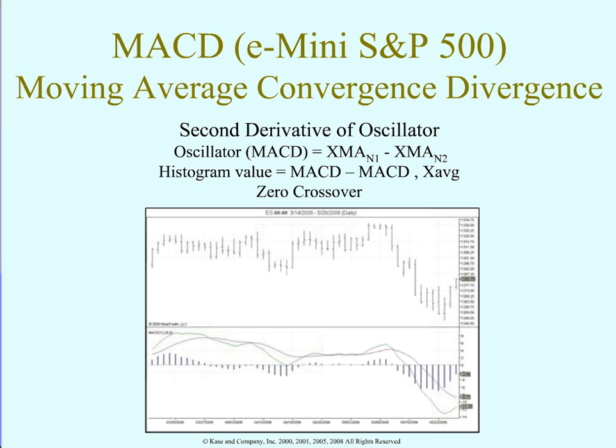So, in any case, what the MACD does is, everybody knows, I would hope, who's listening to this, what an exponential moving average is. And so what the MACD does is it takes the difference, I'll say this slowly, takes the difference between two moving averages, and you can see that in this first formula here, oscillator MACD equals exponential moving average 1 minus exponential moving average 2.